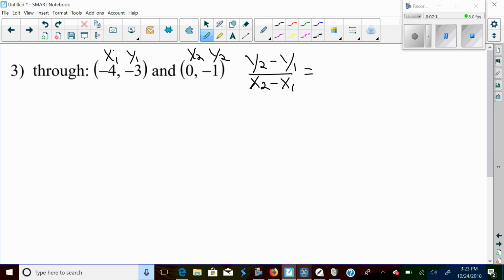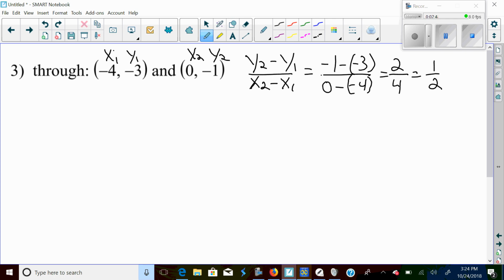All right, plug in my values here, -1 minus -3, divided by 0 minus -4. A lot of negatives here. And when we get 2 negatives here, it turns to positive. So this is 1 plus 3, which would be +2. And here this would be 0 plus 4, which would be +4. And that 2 over 4 reduces down to 1/2. So my slope is 1/2.